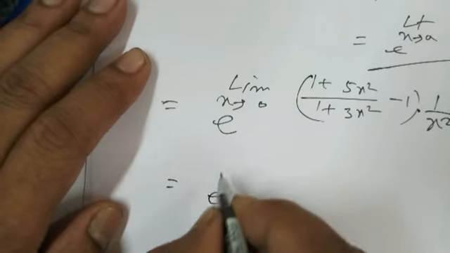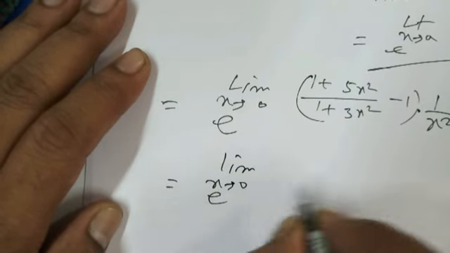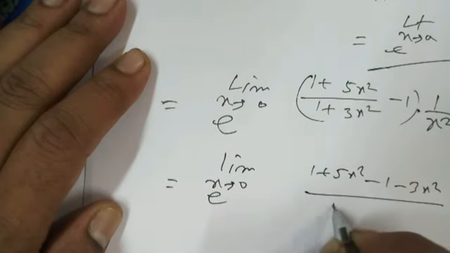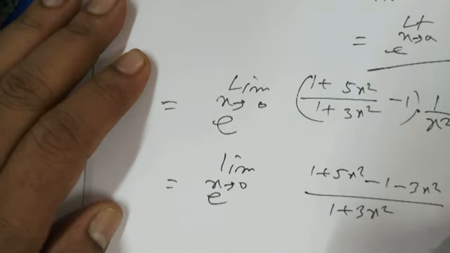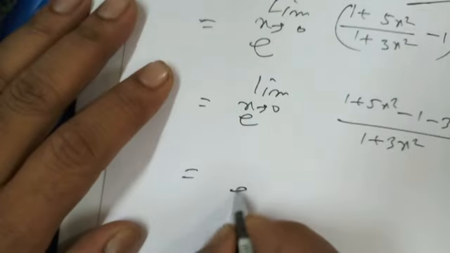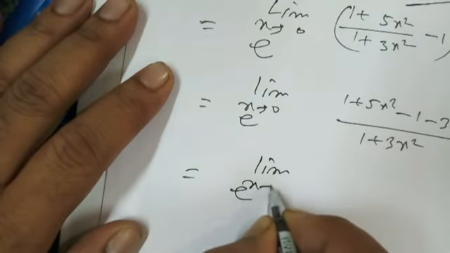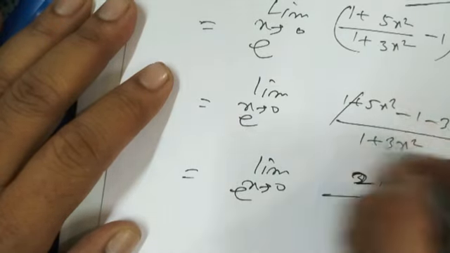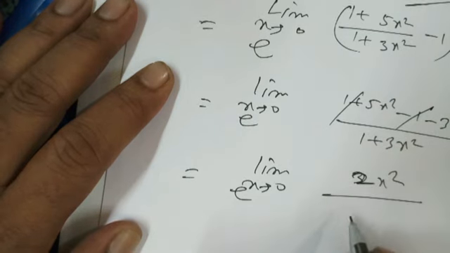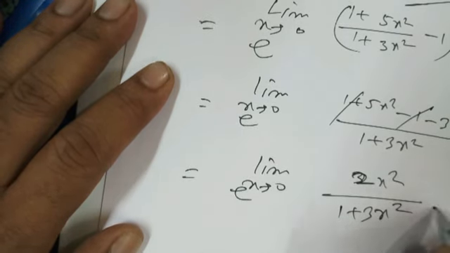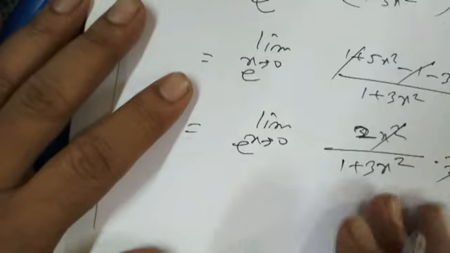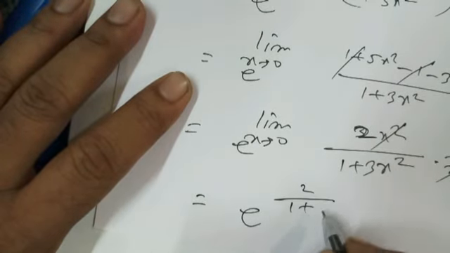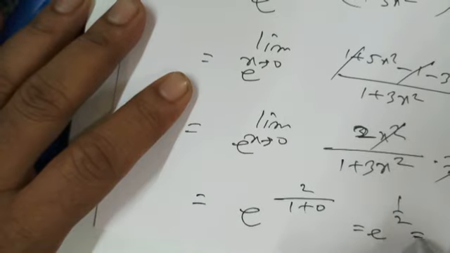This is e power limit x tends to 0 of (1 plus 5x square minus 1 minus 3x square) over (1 plus 3x square) into 1 by x square. The 1 is cancelled, and 5x square minus 3x square is 2x square over 1 plus 3x square, and 1 by x square cancels. The limit of this function is 2 upon 1 plus 0, so it is e power 2.